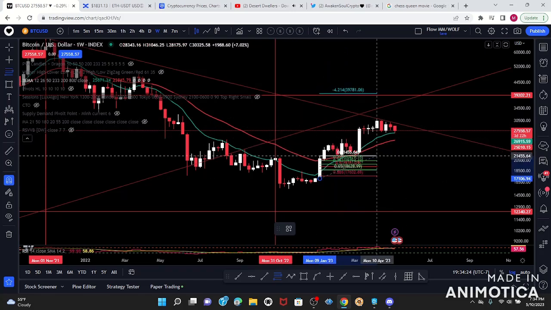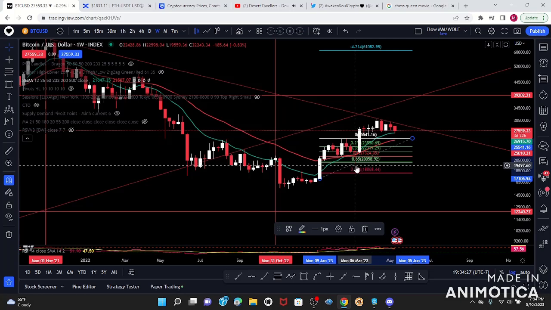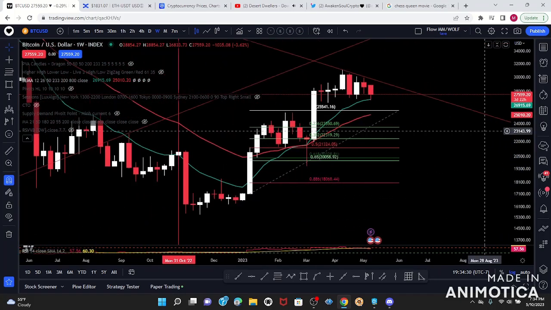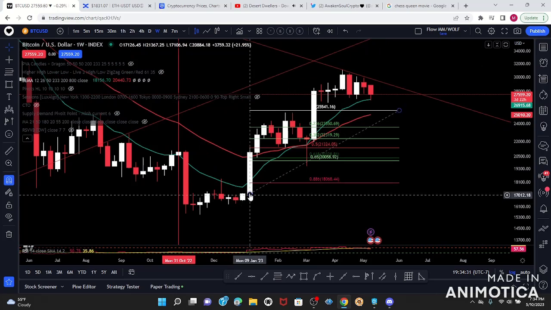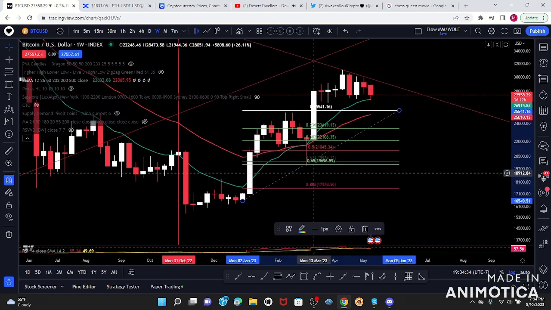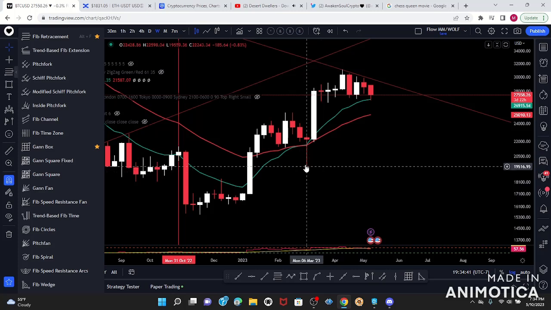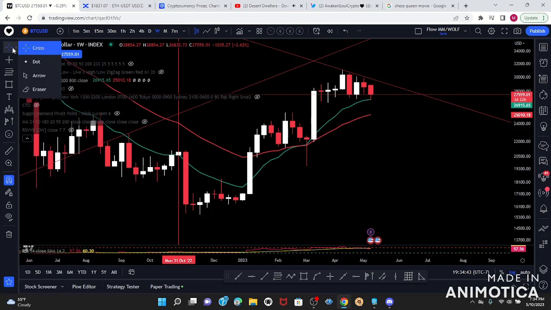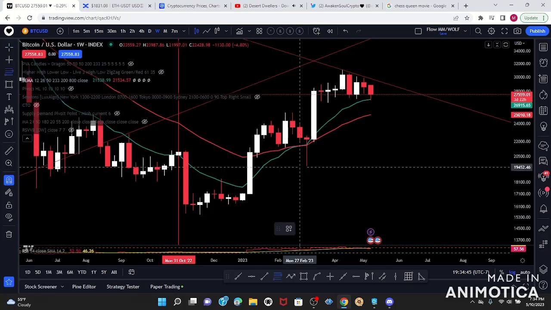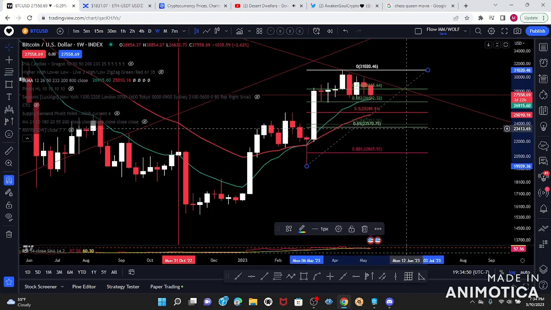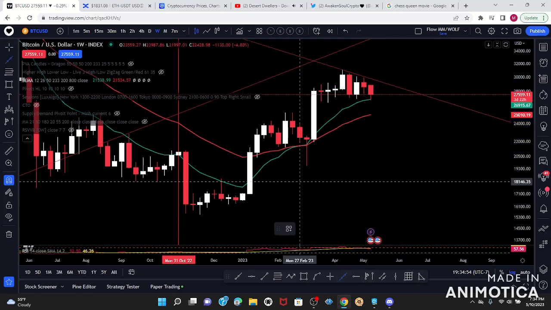If you pull a fib from the bottom to the top, you can see that the retracement came down to a golden pocket target. The same scenario could happen here if you pull the fib from this low to this high. We could definitely see a retracement to the golden pocket and continue to the upside, right? That's a big possibility.